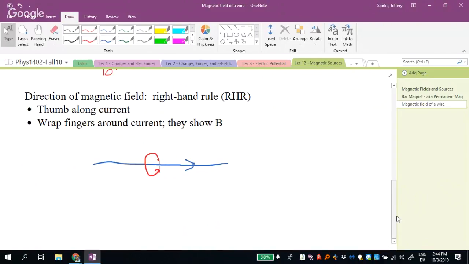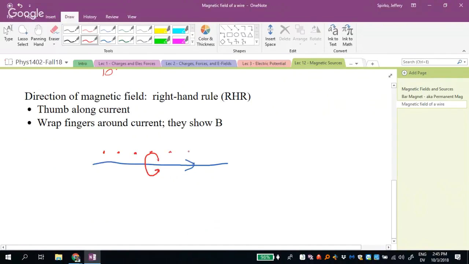Now there's a whole bunch of points up here that are all above the wire in our drawing. At all of those points, our fingers would be pointing out of the page. So another way to draw this magnetic field would be to represent a magnetic field pointing out of the page everywhere above the wire. And we have a symbol for that. The symbol for out of the page is dots.